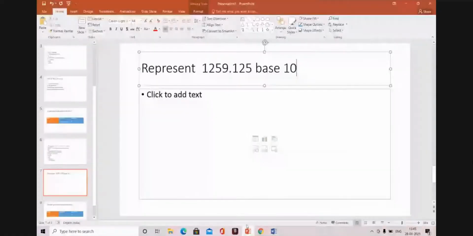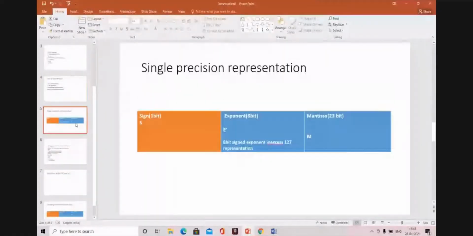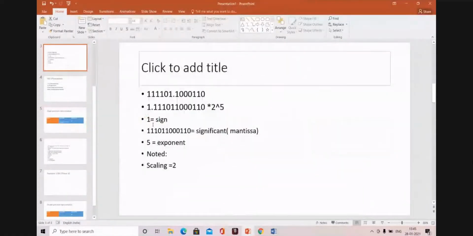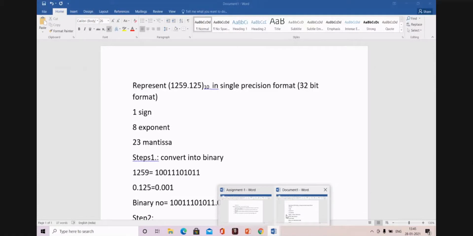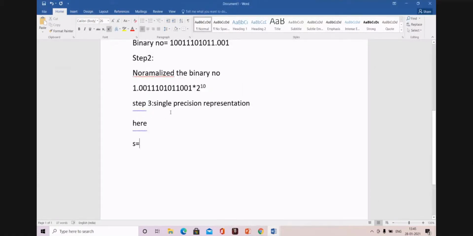In the floating point representation, as I told you, right? We will come back, no problem. Continue with this one. Now coming back to your single precision representation, what is the sign here?